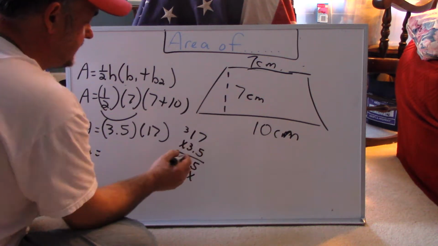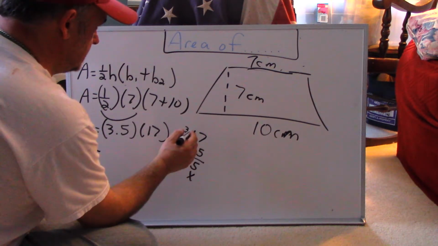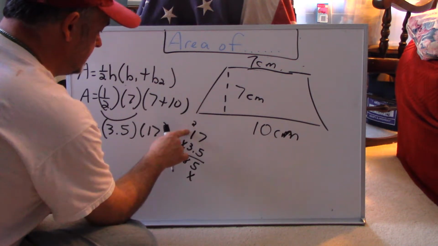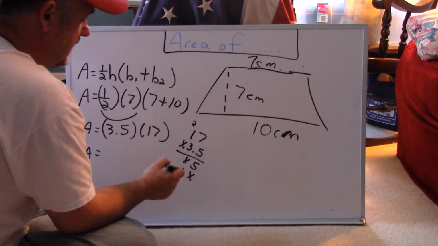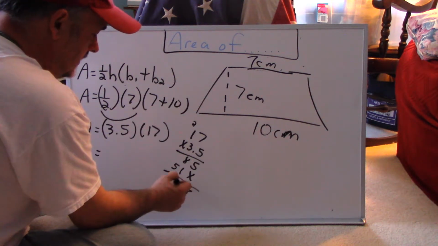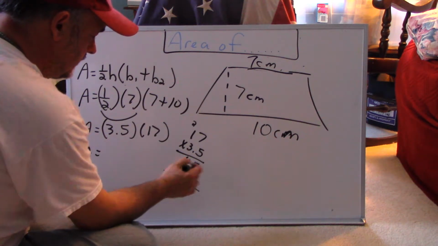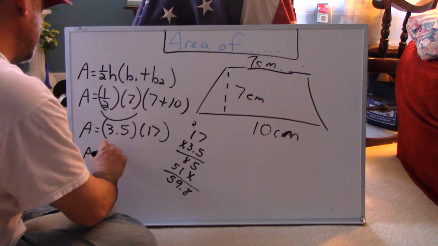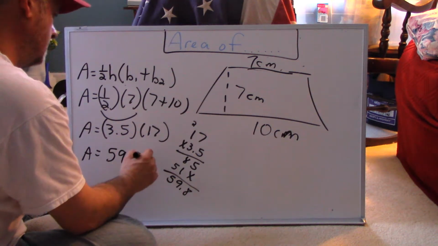Add my x. 7 times 3 is 21. 3 times 1 is 3, plus 2 is 5. 59.5 centimeters.